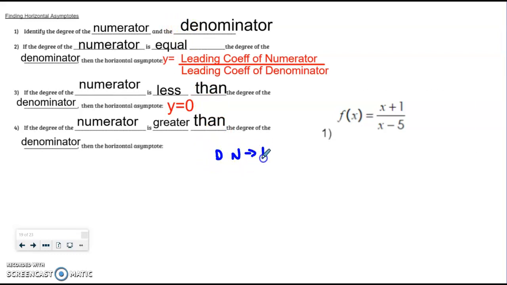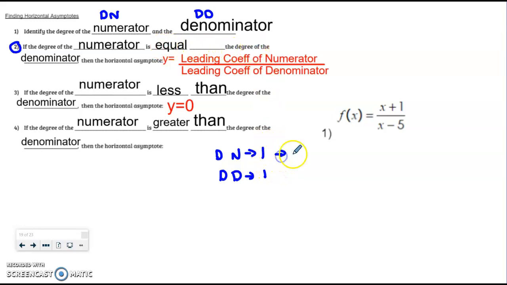I know that that's 1. The degree of the denominator, and I'm just using dd, in this case is also 1. So which of these situations am I going through? Well, in this case, I am looking at the situation in which the degree of my numerator is equal to the degree of my denominator.